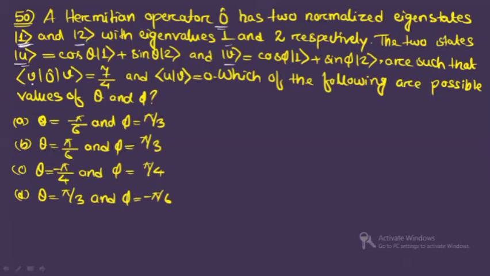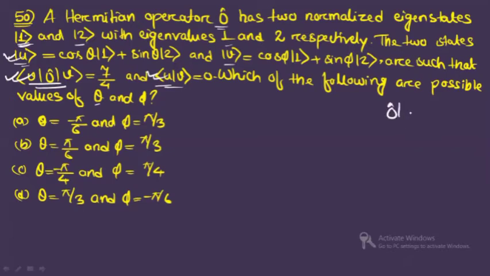It is such that the expectation value of the operator in state v is 7 by 4, and the value of the other is 0. That means the inner product of u and v is equal to 0. Which one of the following are possible values of theta and phi? You have to find the value of theta and phi when these two conditions are given, with the two states u and v and the eigenvalues also given.